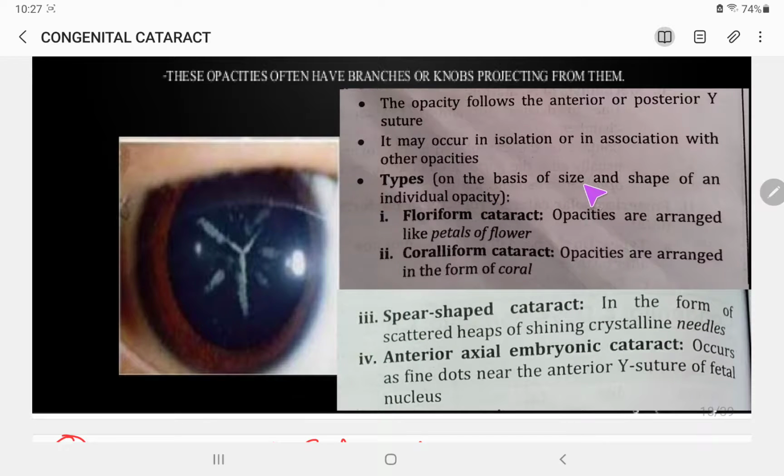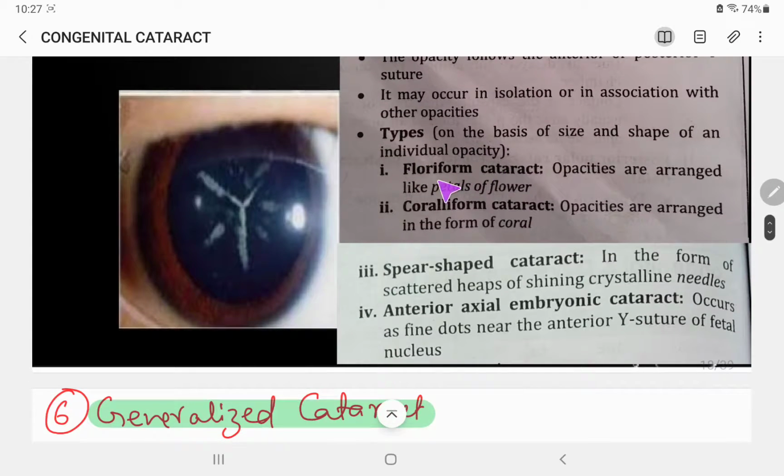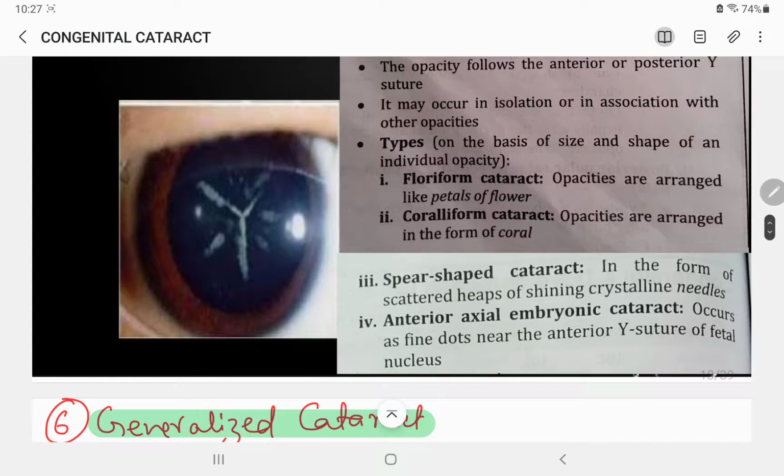Types can be classified on the basis of the size and shape of the individual opacity. Floriform cataract: opacities are arranged like the petals of a flower. This is known as floriform cataract.